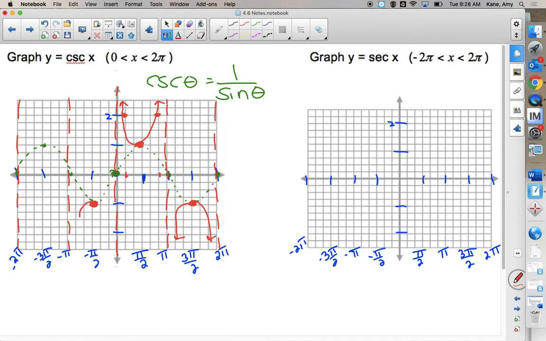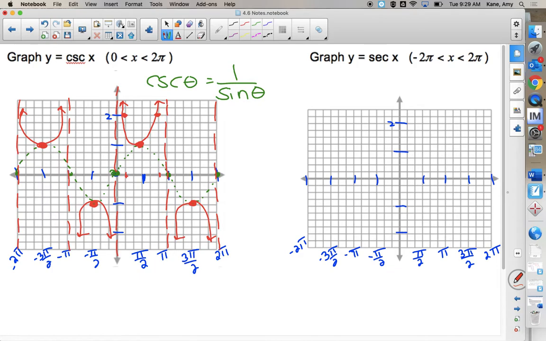So the cosecant graph is going down. And then again, whenever my sine is 1, that's the point for my cosecant graph, and it goes up. So the cosecant graph is really bounded parabolas. Because they're not going to get wide, because there are asymptotes forcing it to stop at a certain value.